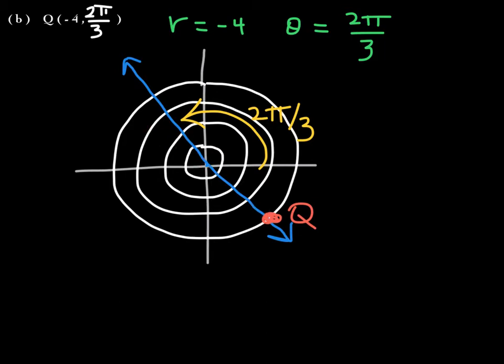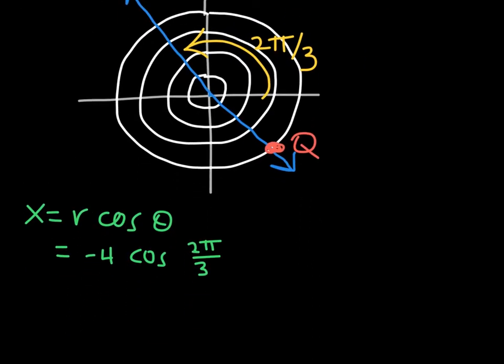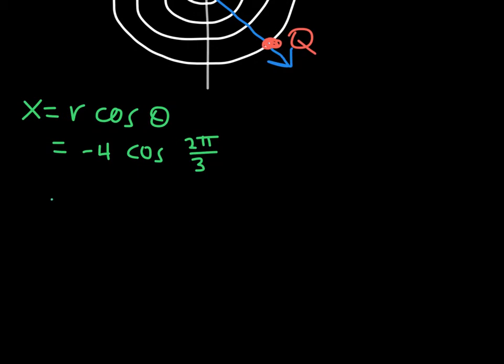Now, let's find those x and y coordinates, all right? So x is equal to r times cosine theta. So it's equal to -4 times cosine of 2 pi over 3, which gives us -4 times negative 1/2, which would be +2.